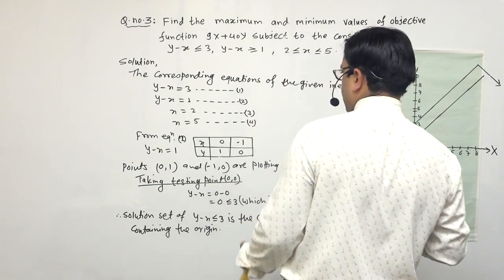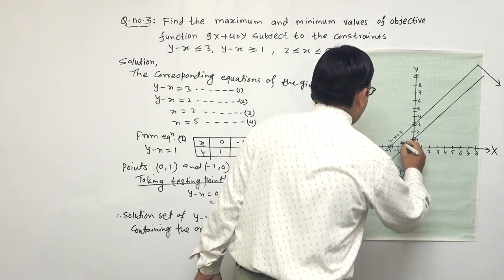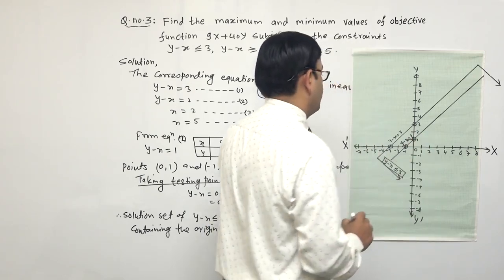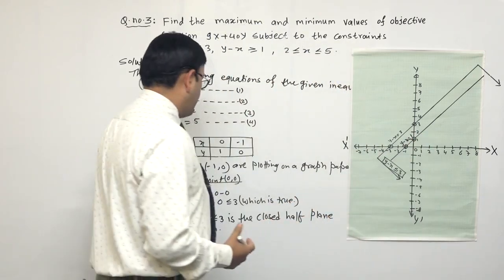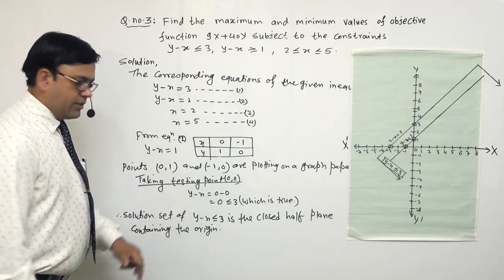The name of this line is y minus x is equal to 1. This is the name of this line. Now we have to take a testing point again.